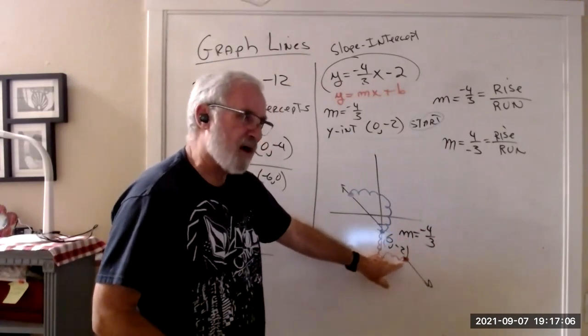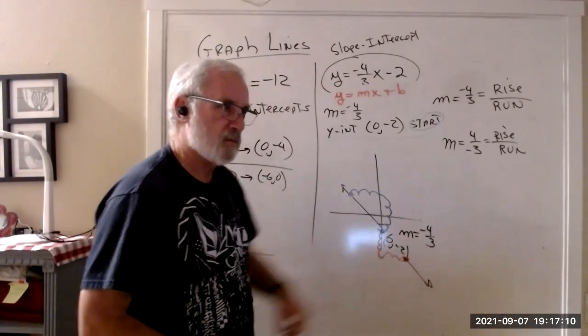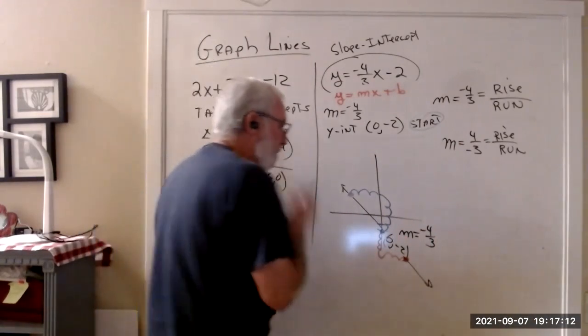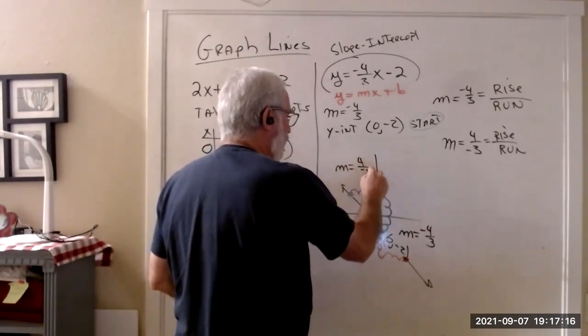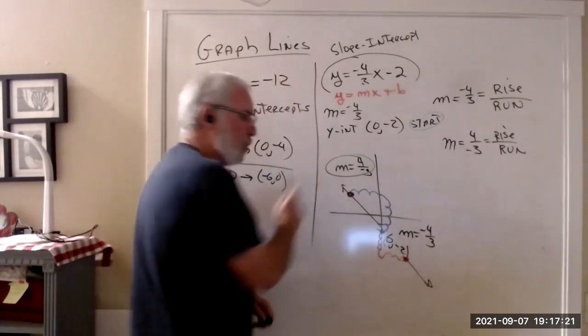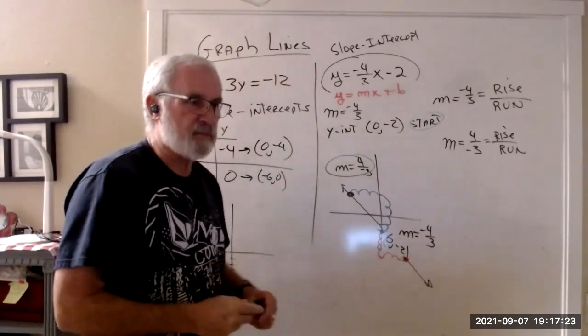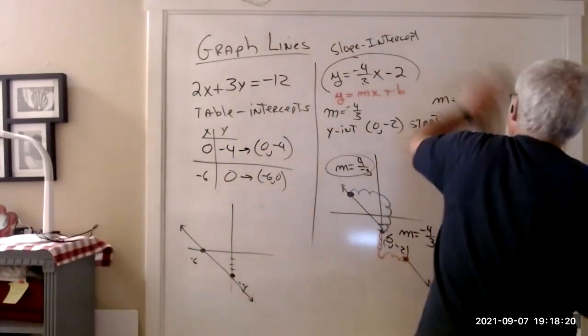Can everybody find this ordered pair? And if we use the slope 4/-3, can everybody find that ordered pair? Let's take a minute for you. All right, let's see what happens here.